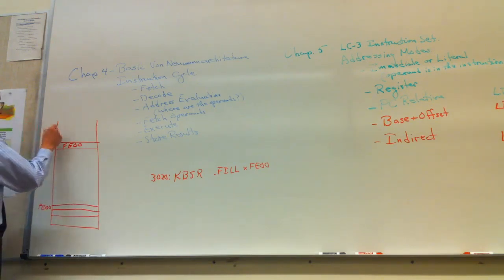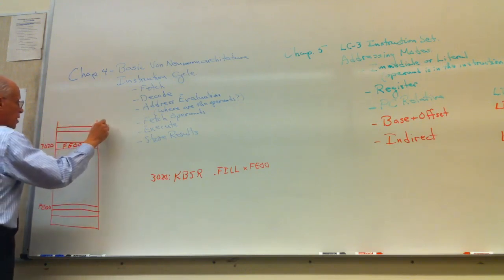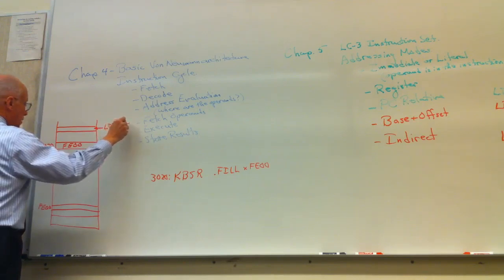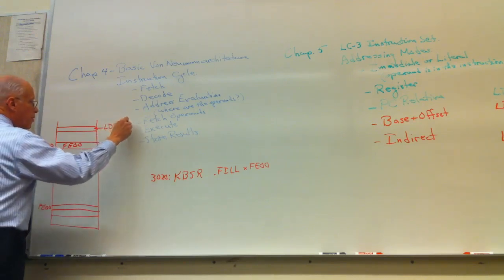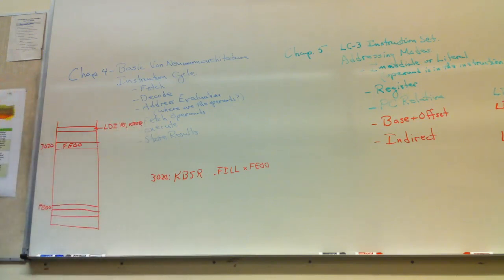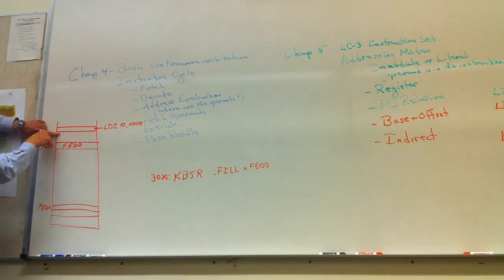Now that location is down here someplace in memory. And someplace up here, I have the instruction, load indirect register 1, KBSR. Okay, what's actually going to be in here is an offset from this location to this one.